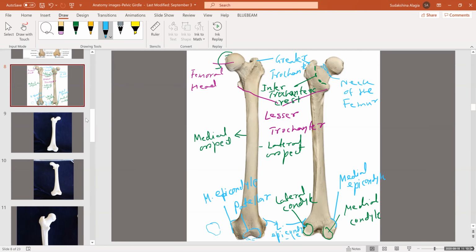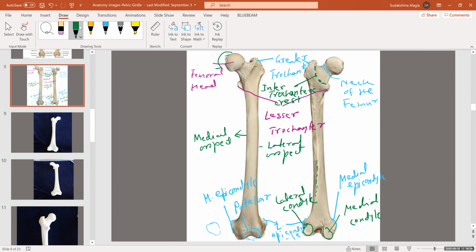Something else that we see on the posterior aspect only is what's called the linea aspera. The linea aspera is a ridge-like line, not rough enough or raised enough to call it a crest, so it's called a line. It serves as the attachment of multiple muscles. Some of the largest muscles are inserted into the femur. Where is that linea aspera? You can actually see that line going on.